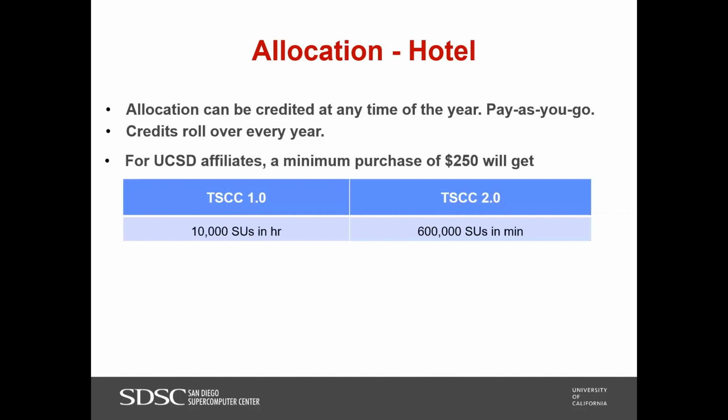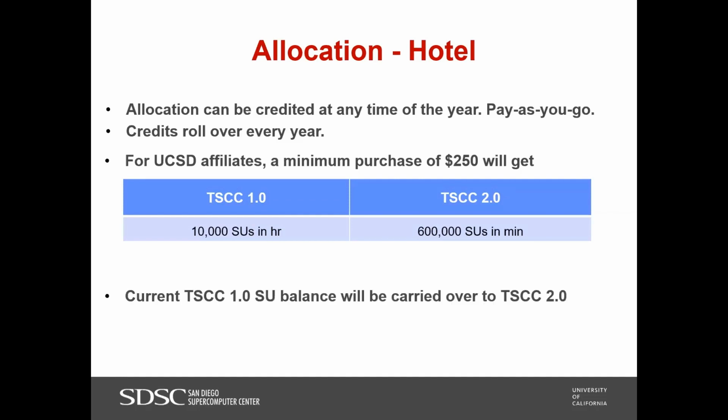You just multiply the 10,000 in TSCC1 by 60, and now you get the new SU amount in minutes. And of course, your current TSCC1 SU balance will be carried over to TSCC2. After we make this ready, you will find that your TSCC1 SUs are multiplied by 60, and then you get a new number in TSCC2.